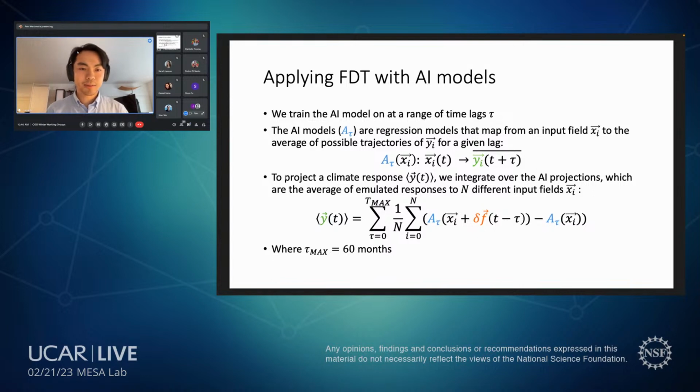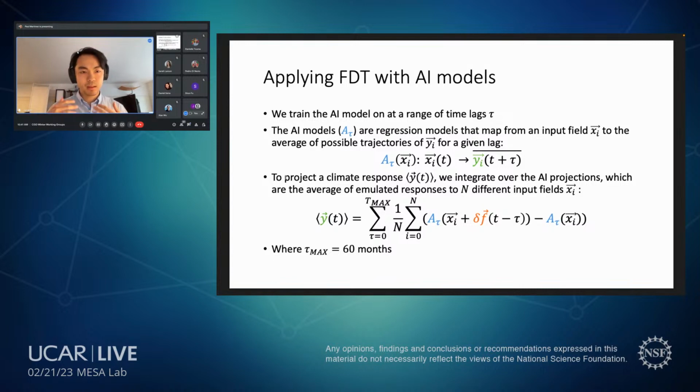So, sorry, I'm not very good at explaining this part yet, but we've essentially developed a sort of ad hoc method of applying FDT using the AI models we've trained. First off, we train an array of different AI models at the different time lags.